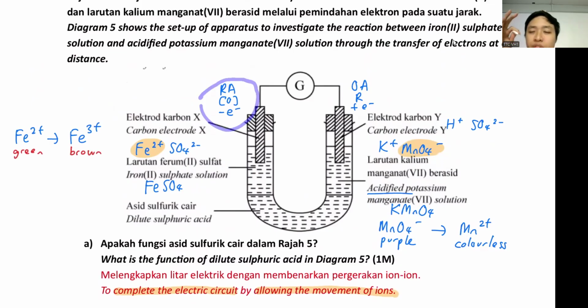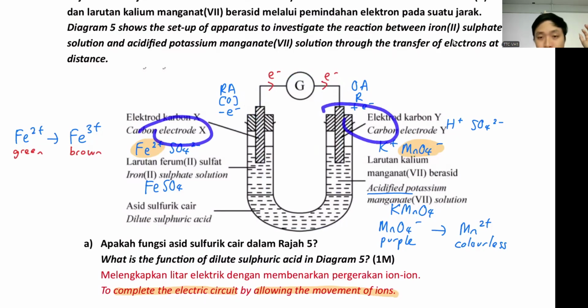Which one undergoes oxidation, which means which one donates electrons, right? So the electrons come out from here. Actually, electrons flow through the external circuit. It means the electrons are not flowing through this, no. The electrons flow like this, through the external wire, from X to Y, from electrode X to electrode Y. Now, think carefully.